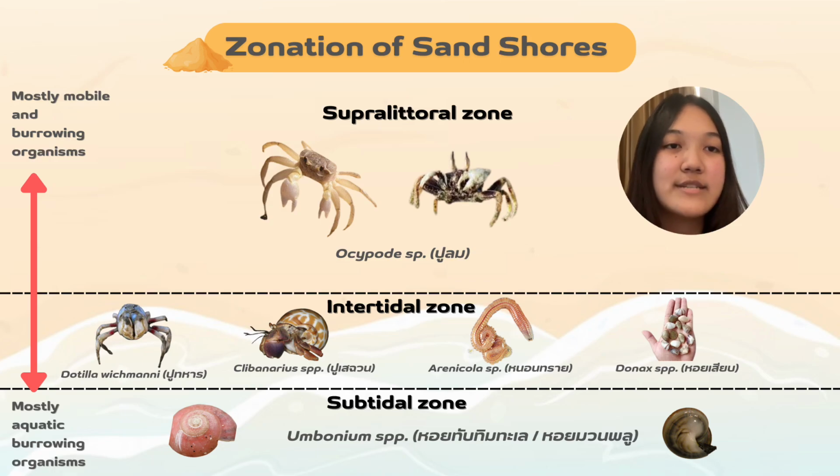Many organisms such as crabs, sandworms, and clams live here, and most of them burrow into the sand. And the last one, the subtidal zone, is always underwater, where aquatic organisms like snails live buried in the sand. Overall, organisms on sandy shores are mostly mobile and burrowing to survive the changing environment.